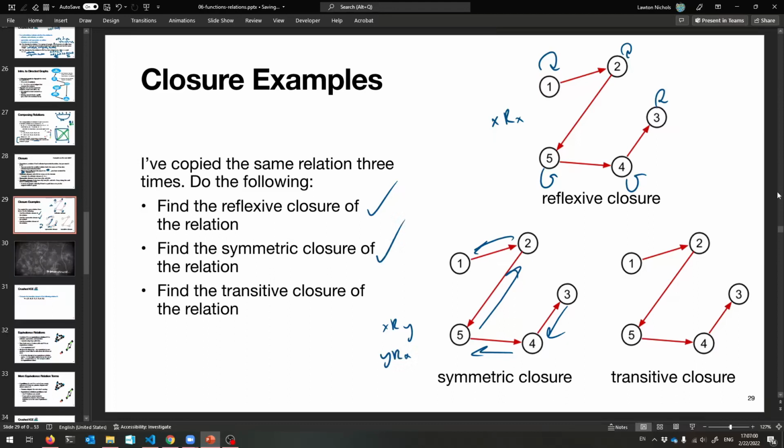That one requires the most work because you might add one arrow and then have to add more based on that new arrow. So that means if you have xRy and yRz, then you must add xRz. Hopefully I didn't just mess this up because I need room to potentially draw an arrow right there. There.